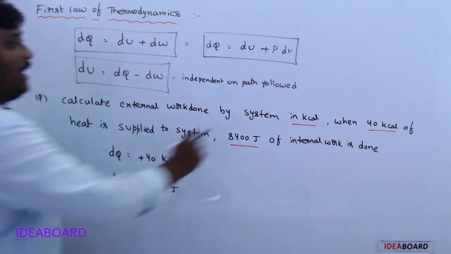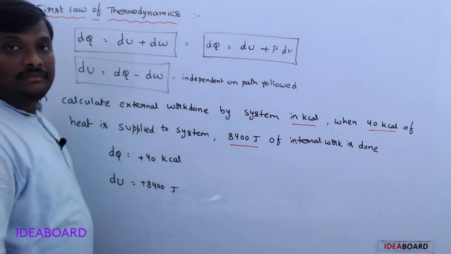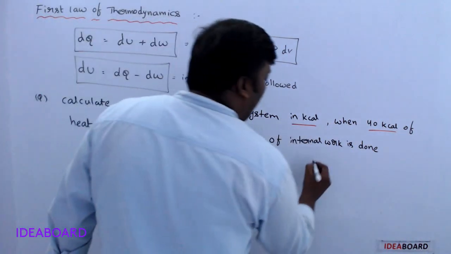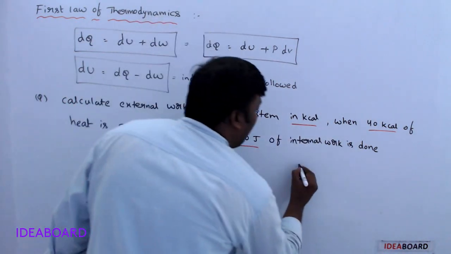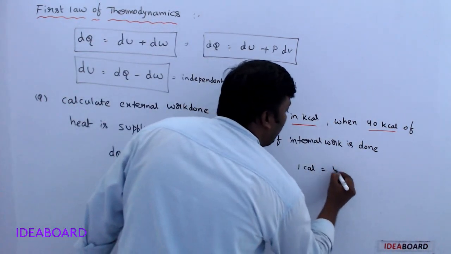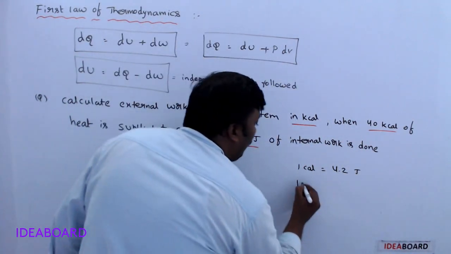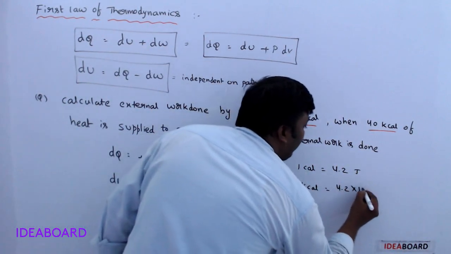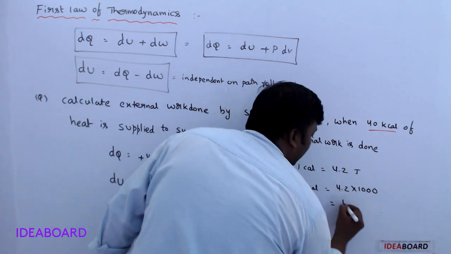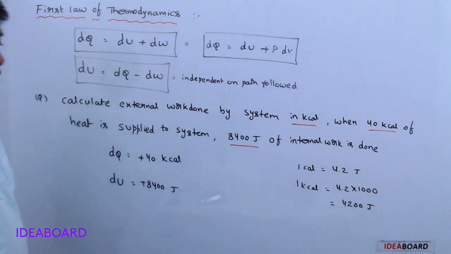Now the answer is wanted in kilocalories but du is given in joules. That means we need the relation between joules and kilocalorie. We know 1 calorie is equal to 4.2 joules. 1 kilocalorie means this value is multiplied by 1000, then this is equal to 4200 joules.